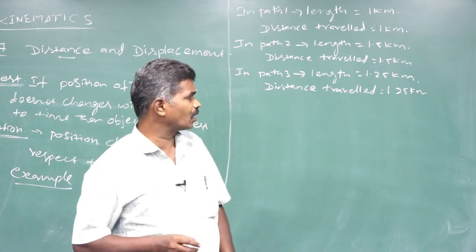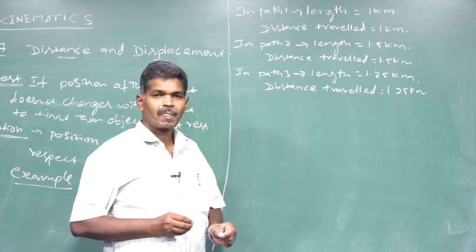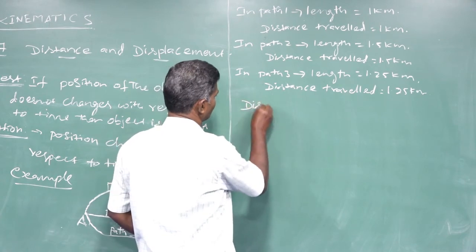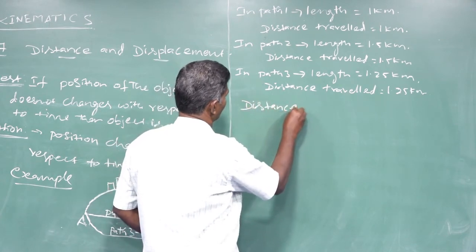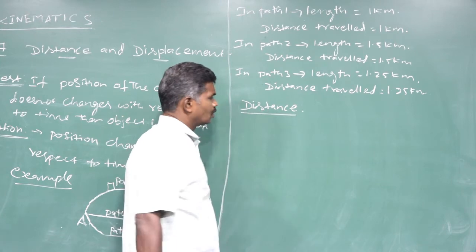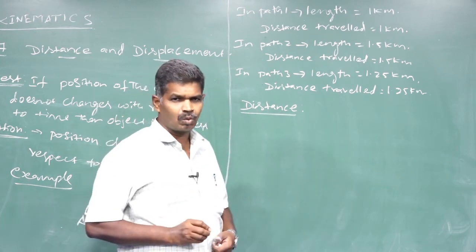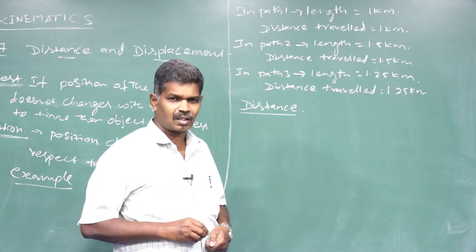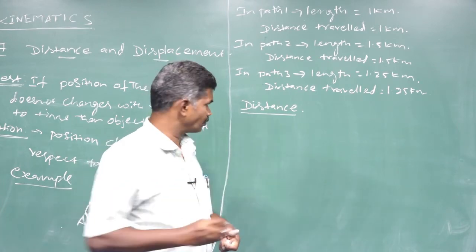So that's why, in general, we have a definition of distance traveled. If a man is moving in a particular path, distance can be taken as the actual length.